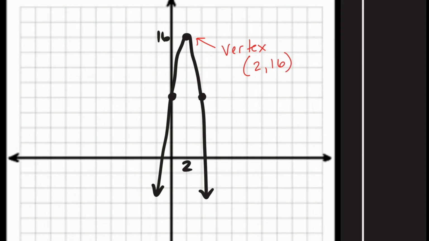And my axis of symmetry is the line that I could fold this graph over and have everything on each side line up. It's the line going directly through your vertex. This axis of symmetry is always the x value of your vertex. So x equals 2 is our axis of symmetry.